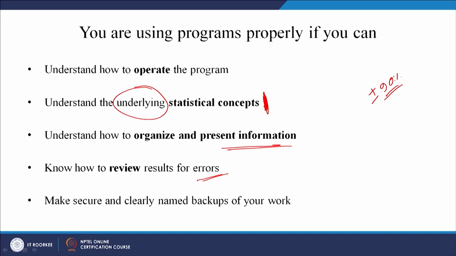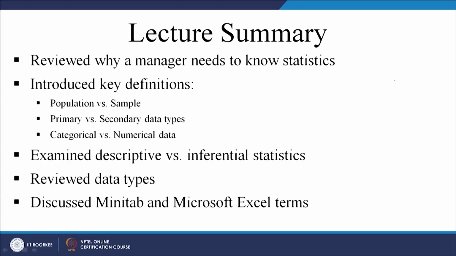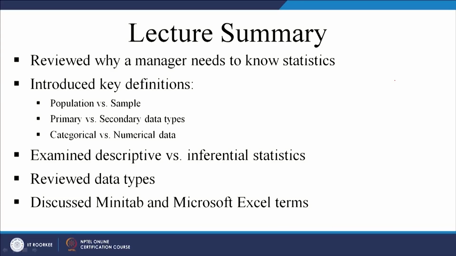Let me summarize what we did in the last 3 sessions. We looked at population, sample, primary and secondary data, categorical versus non-categorical data. We have seen 4 types of scales. We have examined descriptive and inferential statistics.